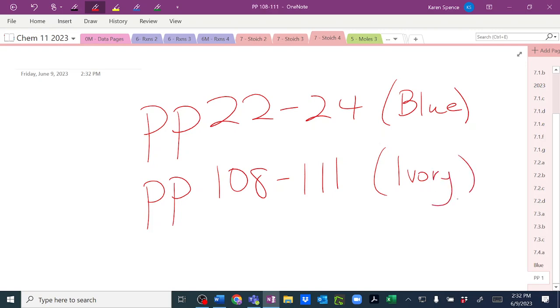That is some more practice with enthalpy and with exothermic and endothermic. This one we're going to have a quiz on Tuesday. Okay, so on Tuesday, June the 13th, there's going to be a quiz on enthalpy.